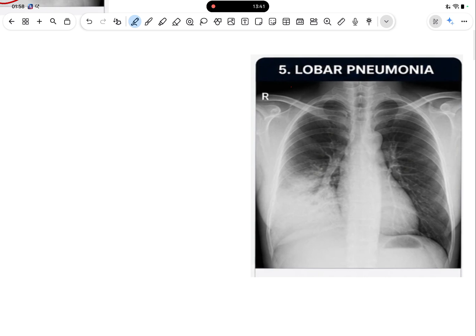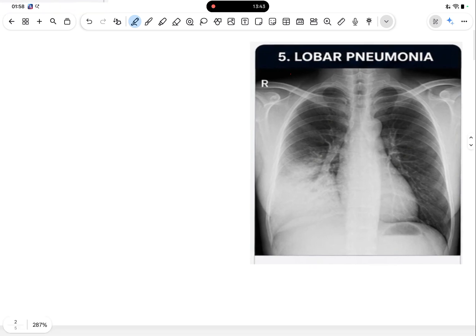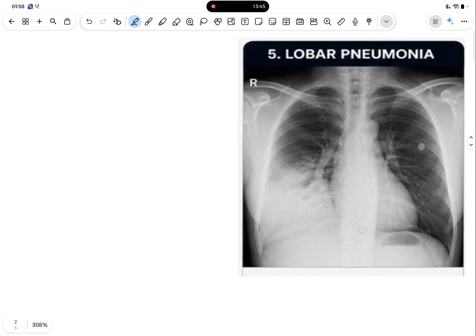Now coming to lobar pneumonia. The lobes of the lungs which I mentioned earlier are: this is the right upper lobe, this is the right middle lobe, and the right lower lobe. This is the left upper lobe, left lower lobe. So we can clearly see that in the right lower lobe there is homogeneous opacity.